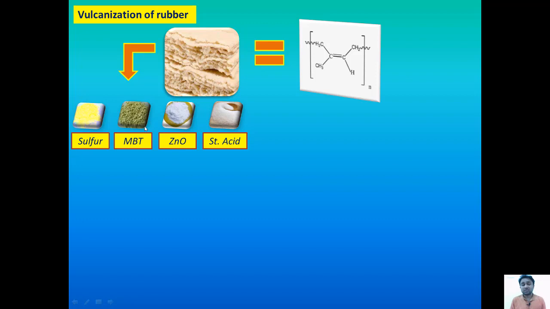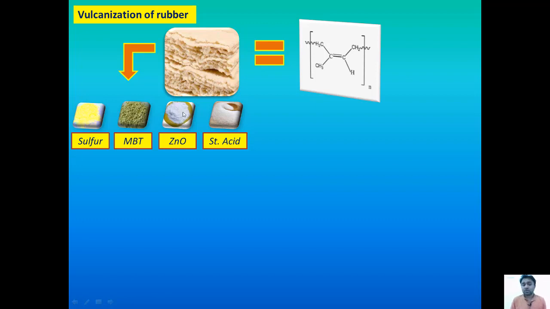And MBT is one example of an accelerator. Sulfur itself and heat can vulcanize this type of polymer, but the speed is very low. So to increase the reaction rate, we use accelerators.